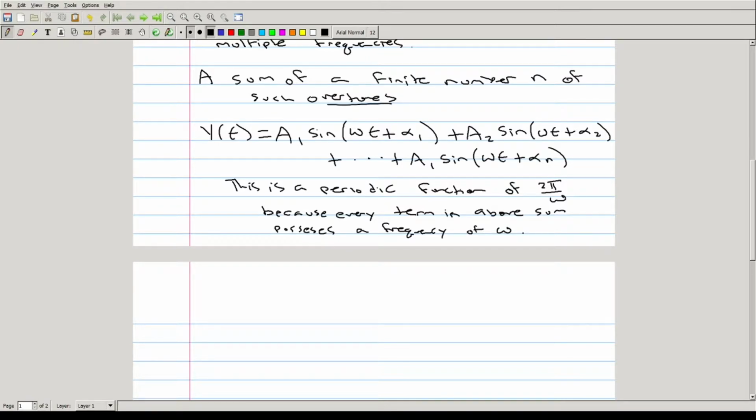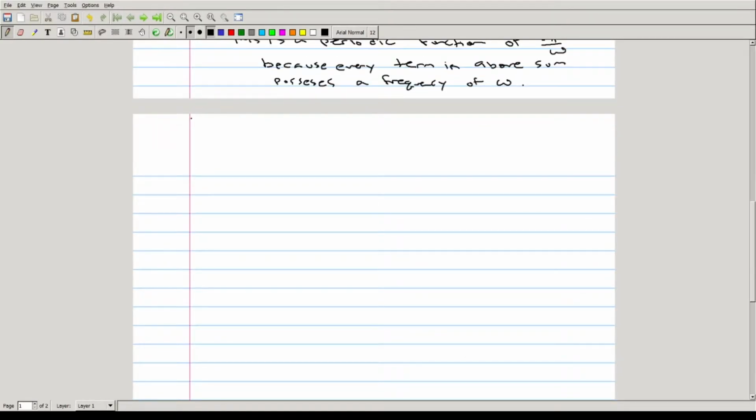So let's consider a generalization of this idea of overtones. We'll consider this idea of expressing the following.